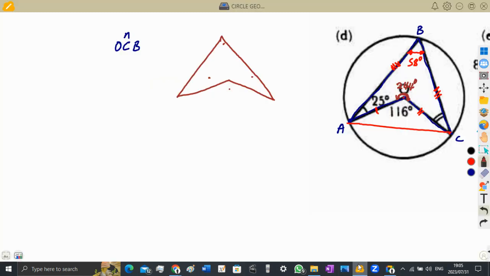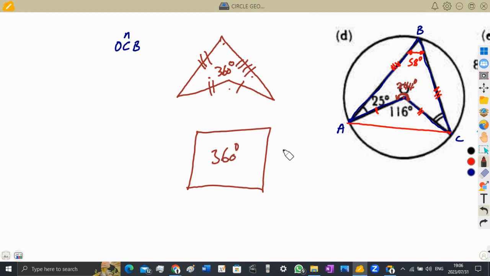As long as you are given a shape with four sides, no matter how it is being presented, a quadrilateral is simply having four sides. No matter if it's given this way that we are used to or this way, we are still having the four sides concept. So angles inside must give us what? 360 degrees. So now we can calculate this angle here.